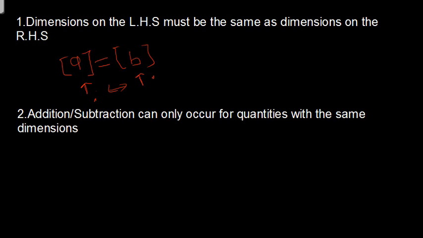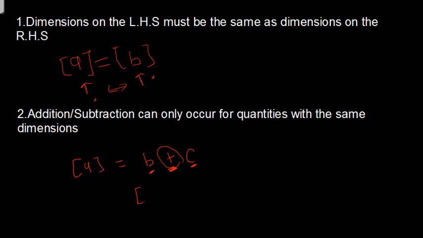So this means, for example, as part of any equation, you could have the left hand side with physical quantity A equal to, let's say, B, any physical quantity being represented by B, plus another physical quantity being represented by C. So for addition to occur, the two quantities that are being added, B and C, must have the same dimensions.